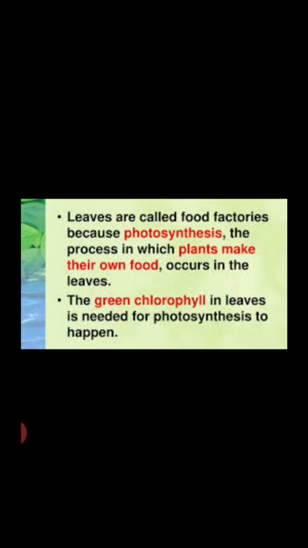The process of photosynthesis is the process in which the plants make their own food, and this occurs in the leaves. The leaves have a green pigment called chlorophyll, which is really important and is needed for the process of photosynthesis to happen. Now let's discuss what is photosynthesis.